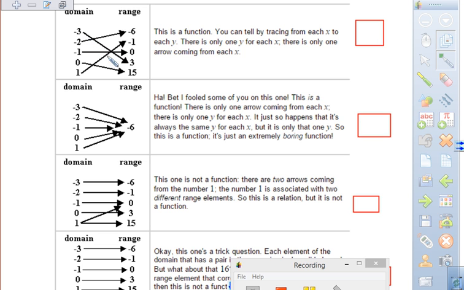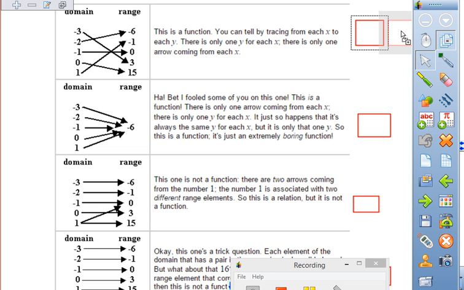Notice how negative 3 goes to one number, negative 2 goes to one number, and so on. So this would be a function. This one, they all go to the same number, but none of the domains are repeated, so this would be a function.